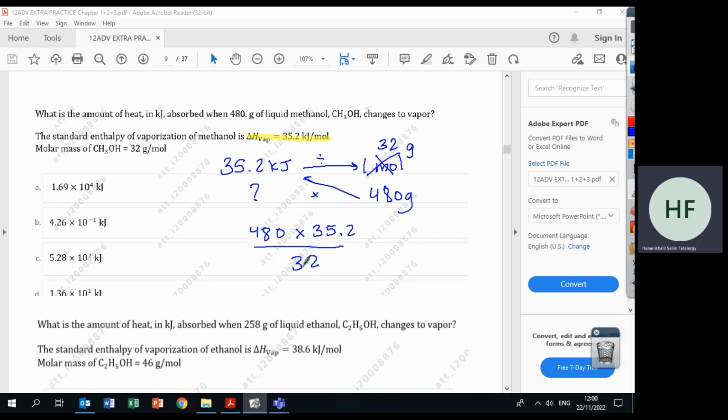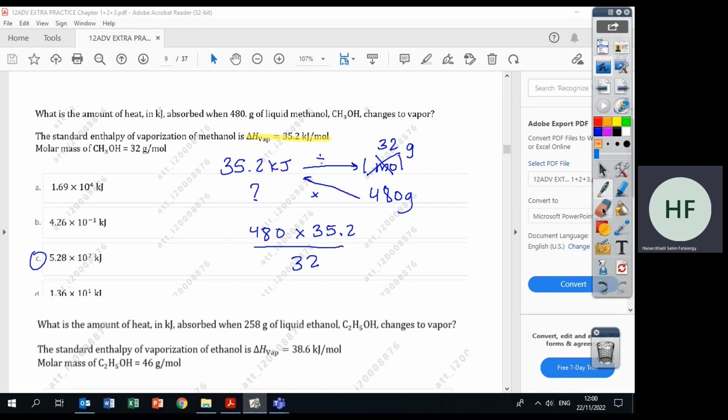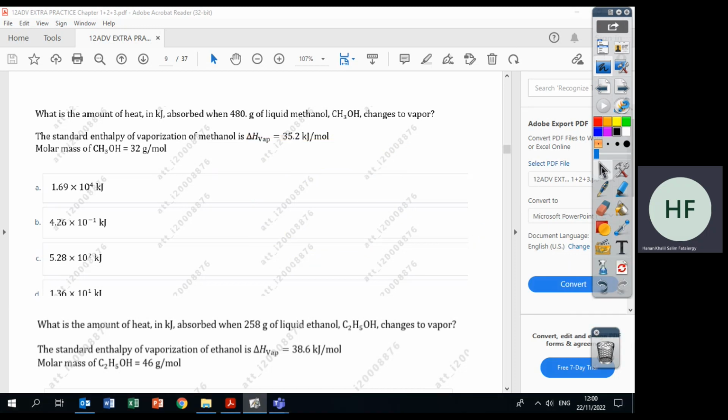And the answer will be, okay, now I will give you a similar question and you will have to do it by yourselves. For 80 times 35.2 divided by 32, the answer is 528. Okay, now I want you to do the next question by yourself. It is a similar idea.